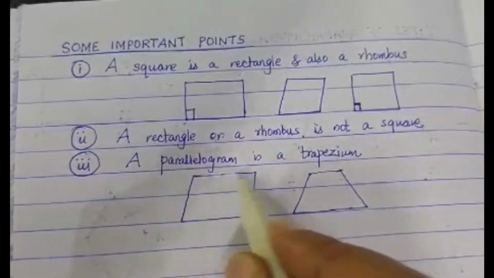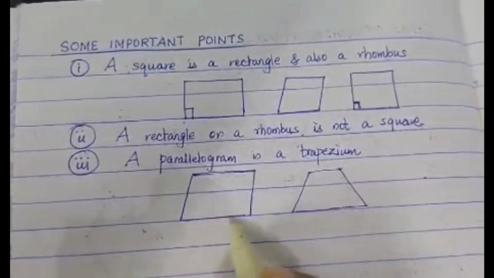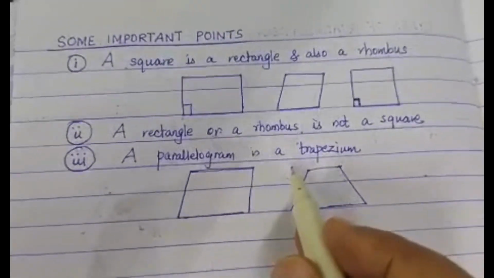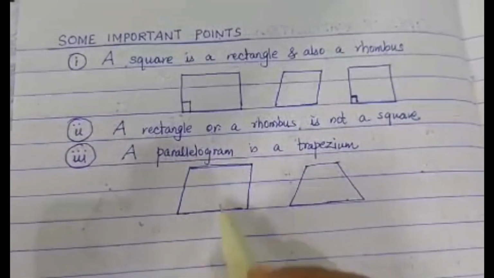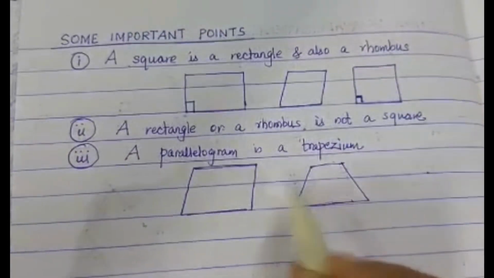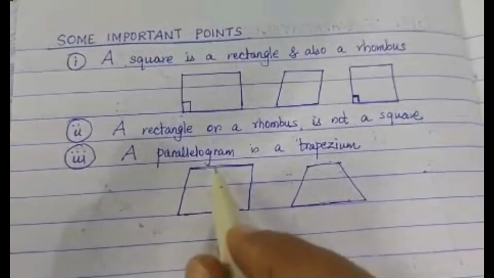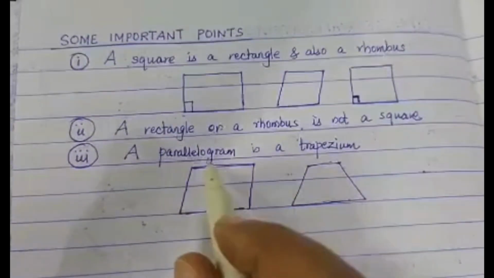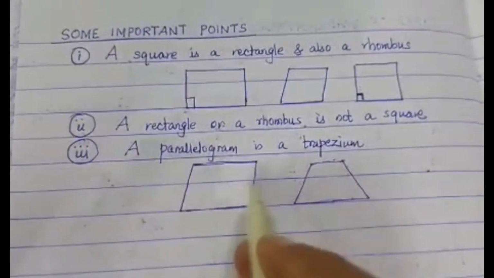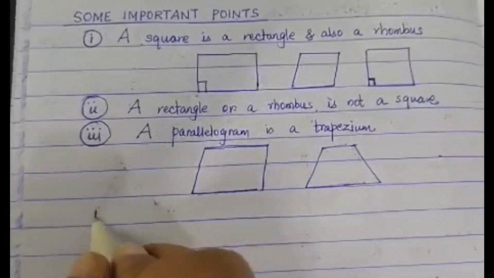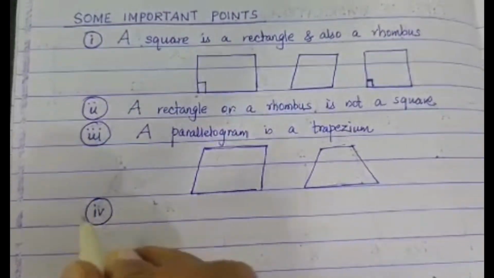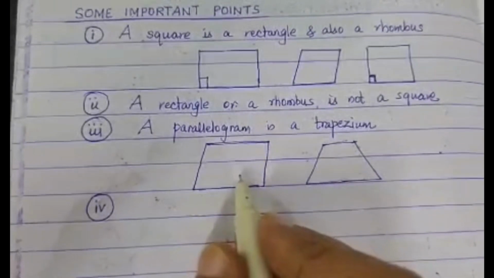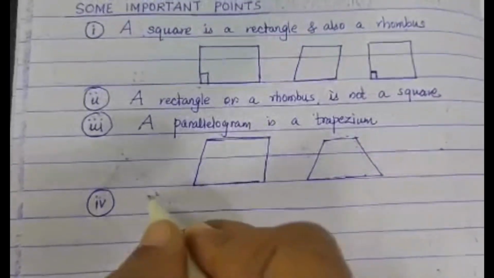So a parallelogram is a trapezium. A parallelogram is fulfilling the minimum criteria: one pair of opposite sides are parallel. Here both pairs are parallel, but at least one pair is parallel, so it can be a trapezium. But the opposite is not true: a trapezium cannot be a parallelogram.